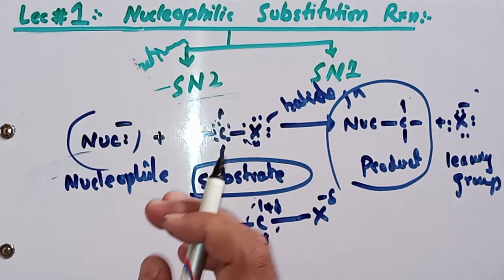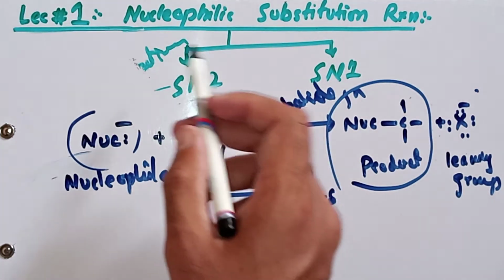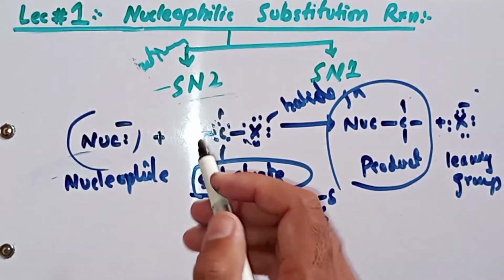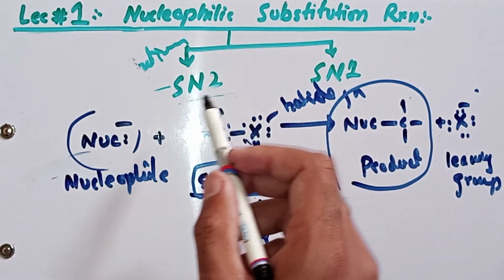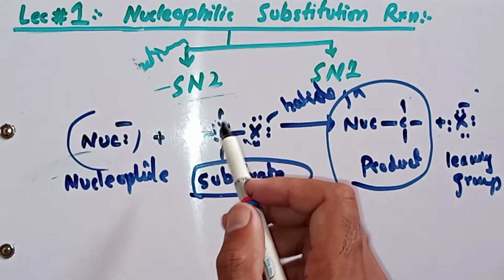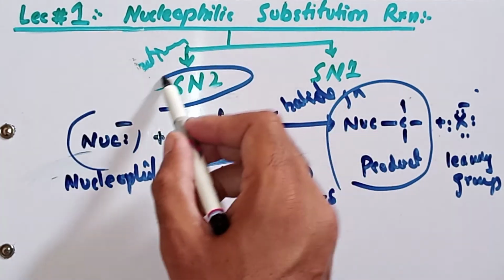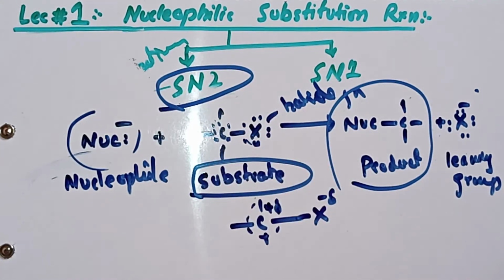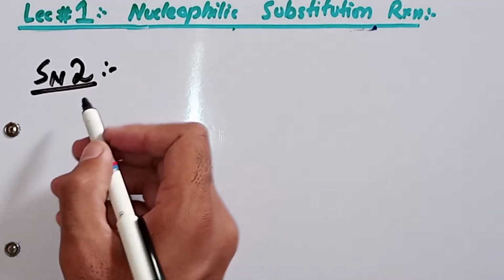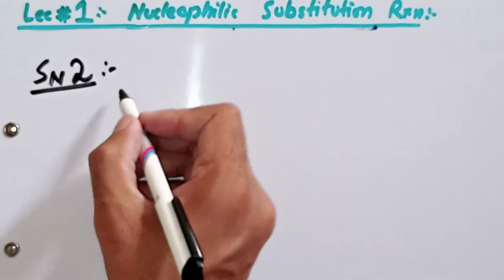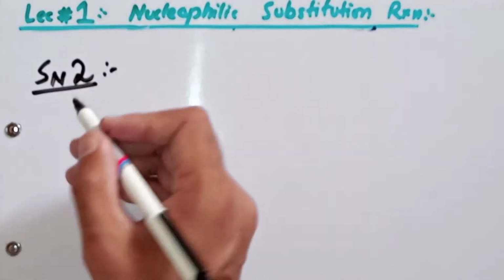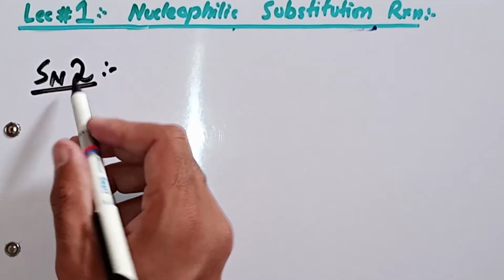There are two different types of nucleophilic substitution reaction: one is unimolecular nucleophilic substitution reaction and the other is bimolecular nucleophilic substitution reaction. So let's start with the bimolecular substitution reaction. What is bimolecular substitution reaction? The abbreviation SN2: as I already told you, S is used for substitution, N for nucleophilic, and 2 for bimolecular.